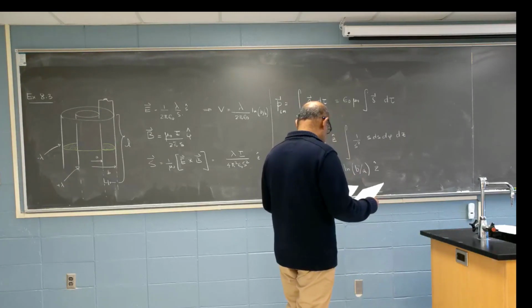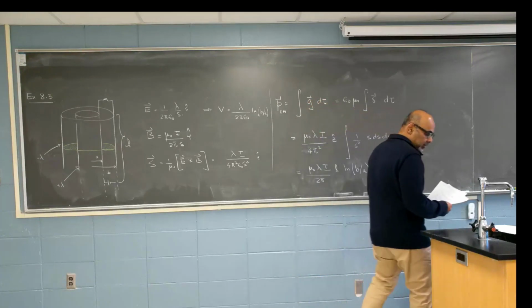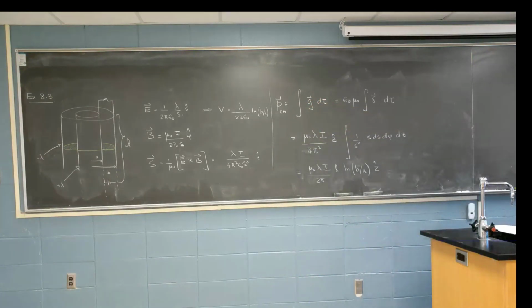He writes it in an interesting way. We don't have to necessarily do that. He brings in C, because remember, C squared is 1 over epsilon naught mu naught.